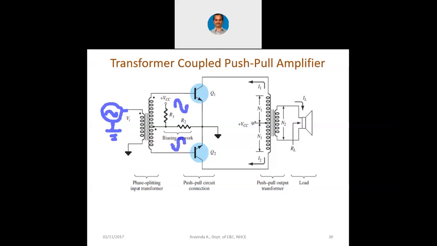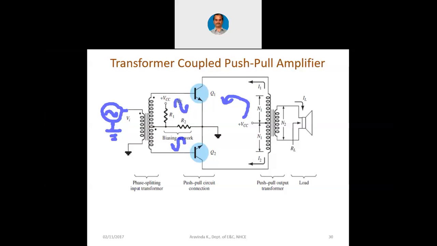When Q1 is on, VCC is connected to the middle of this center tap at the output. Okay. So this is going to conduct this way. Anyhow that arrow mark is there. Q1 is going to conduct at that time. But at that time the winding at the lower side will not be working as such because Q2 is off.